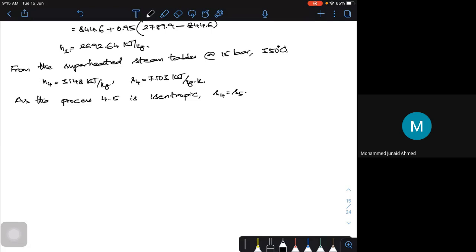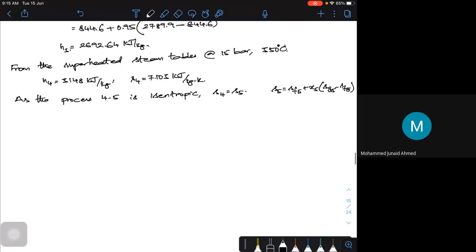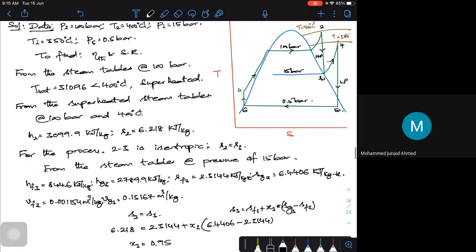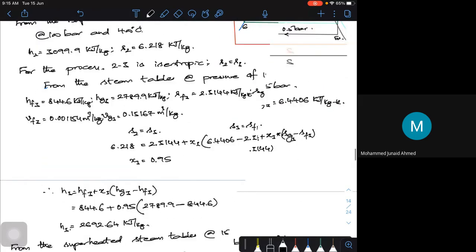What is entropy at 5? S5 is equal to SF5 plus X5 into SG5 minus SF5. But I don't know the value of SF5, SG5 and all. What is the corresponding pressure at 5 actually? It is 0.5 bar. I'll go to the steam tables.